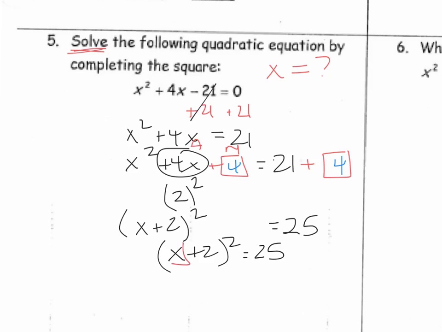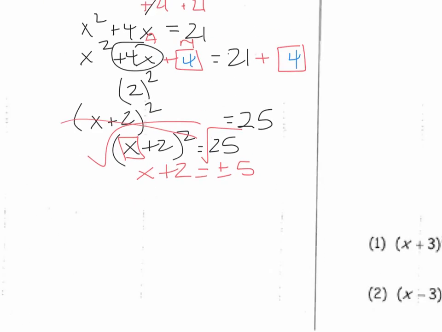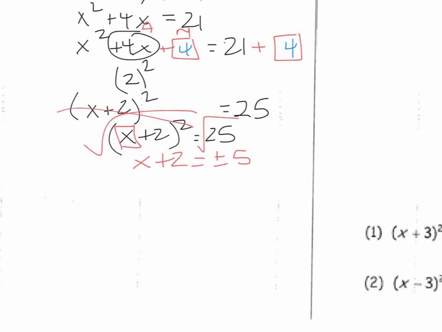Now to actually solve for x, we need to undo this squared. So we're going to square root both sides. That cancels out the exponent, leaving us with x plus 2. You don't even need that parentheses anymore. So x plus 2 equals positive negative 5, because the square root of 25 is positive negative 5. We're going to scooch over that negative 2.